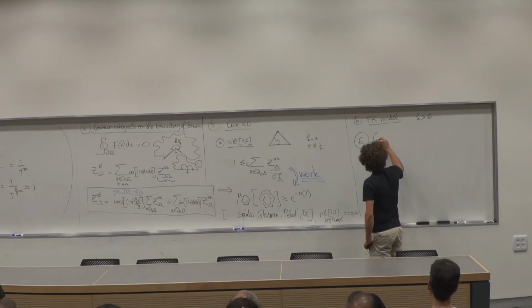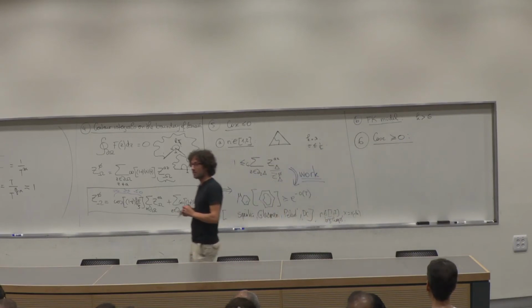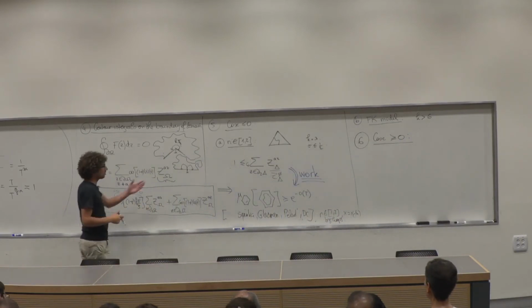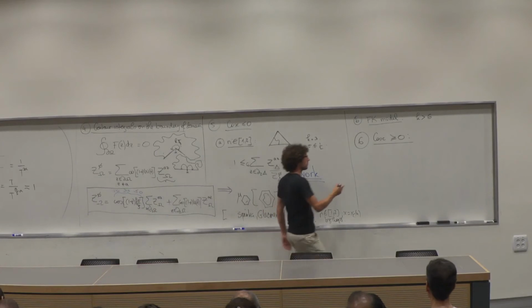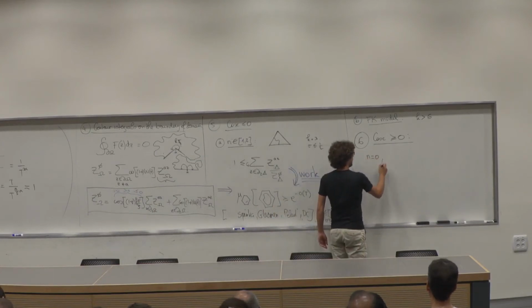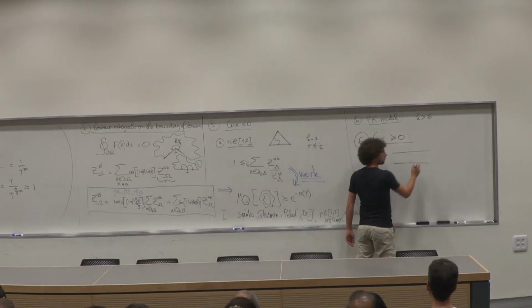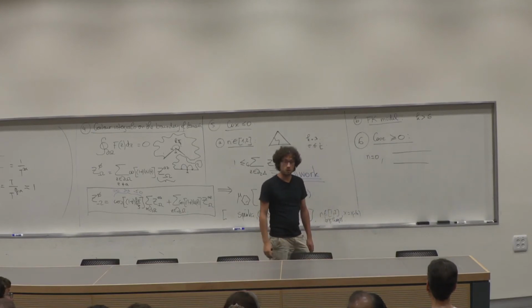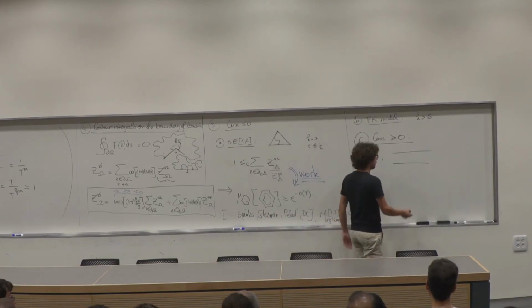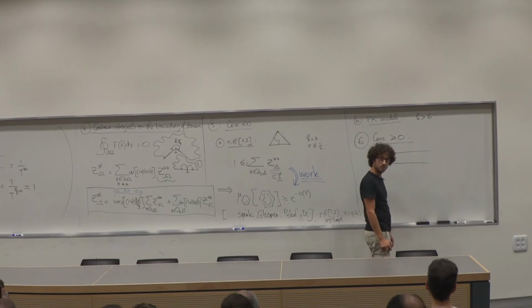Okay, let's look at the last case, which is when it's larger or equal to 0. And the main application of that is going to be a simple application. Take n equals 0 and take the strip like that. So for n equals 0 and the strip, you can check that you are indeed in this case.